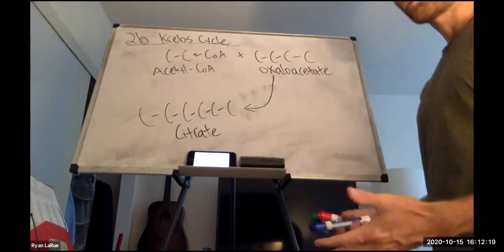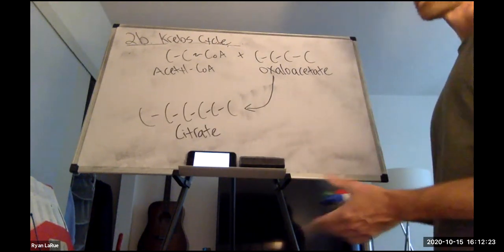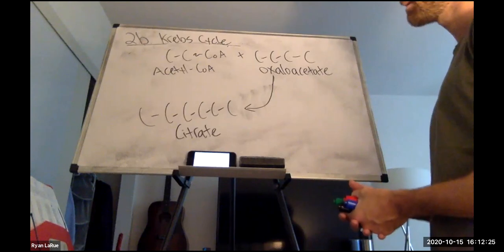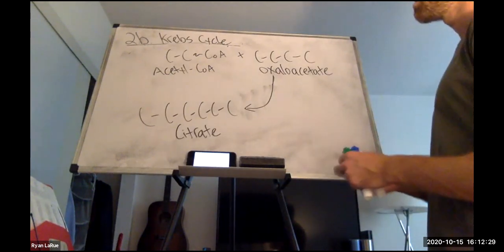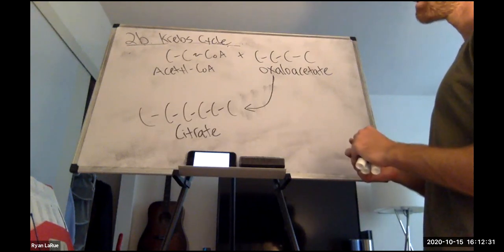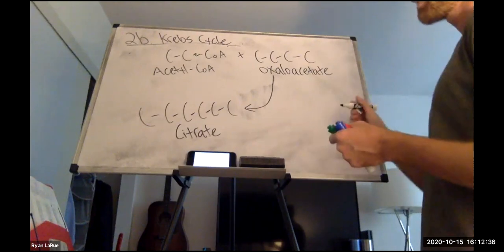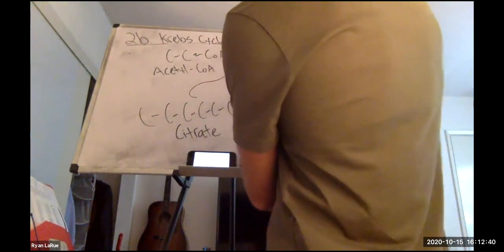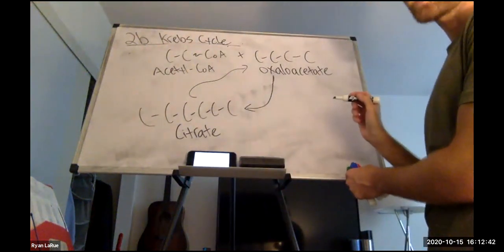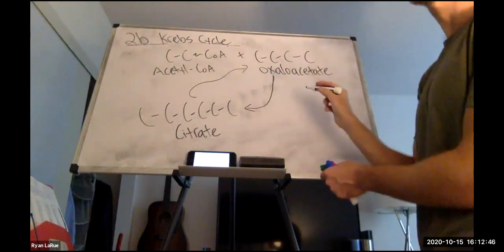And just like glycolysis, we're going to be producing products, molecules formed. And so to keep it simple, it's called a cycle because oxaloacetate gets regenerated at the end so that another acetyl-CoA can combine and do the cycle again.